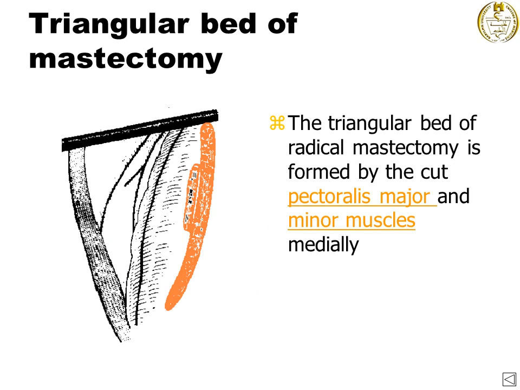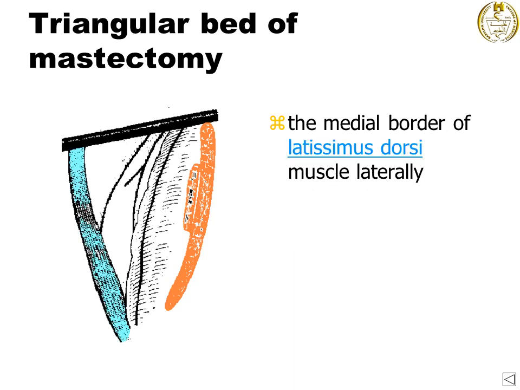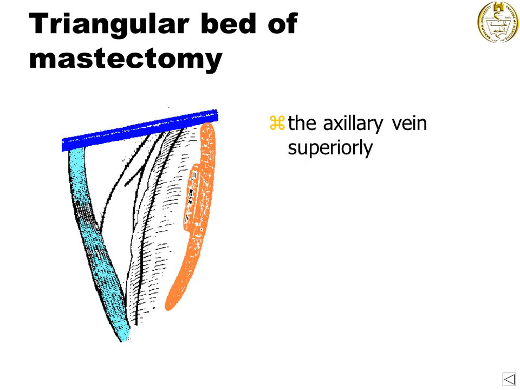The triangular bed. There is a triangular bed of the radical mastectomy, formed by the cut pectoralis major and minor muscle medially, the medial border of the latissimus dorsi laterally, and superiorly the axillary vein.